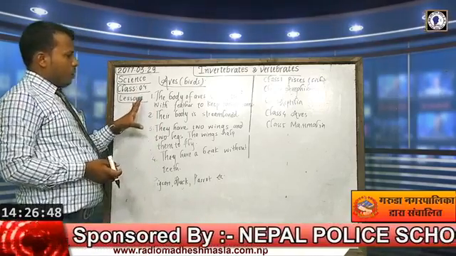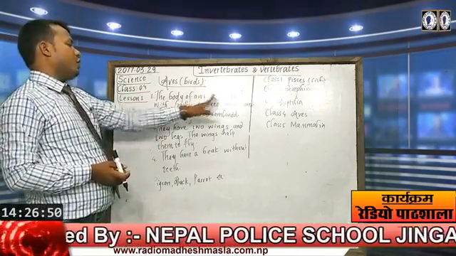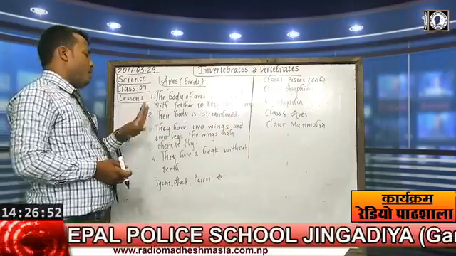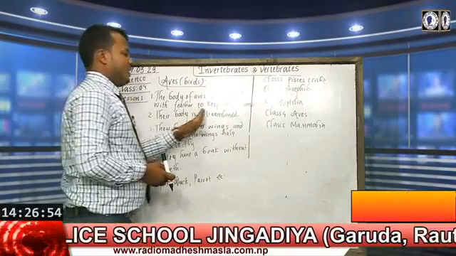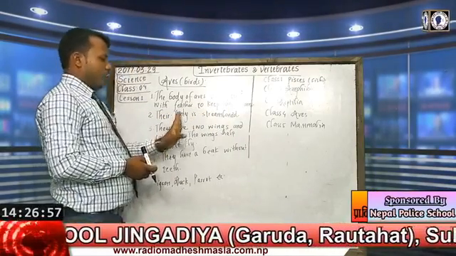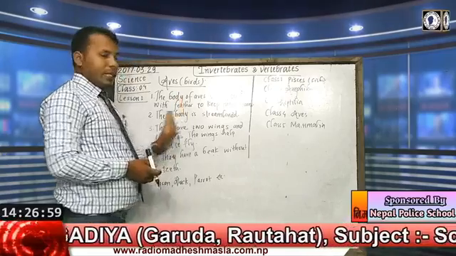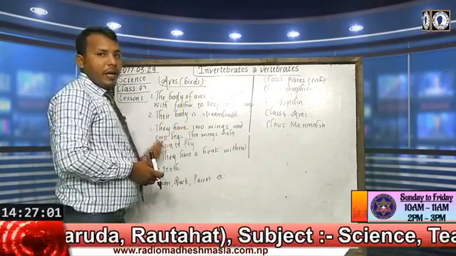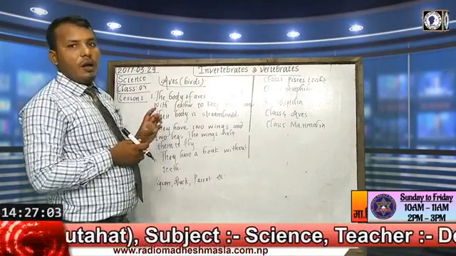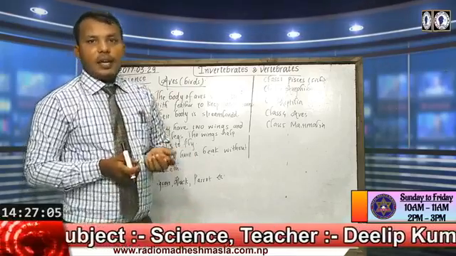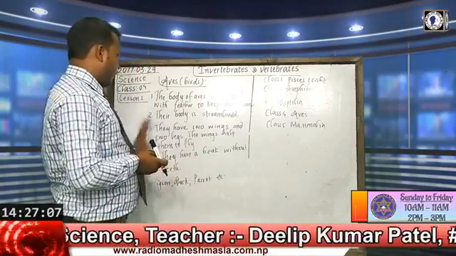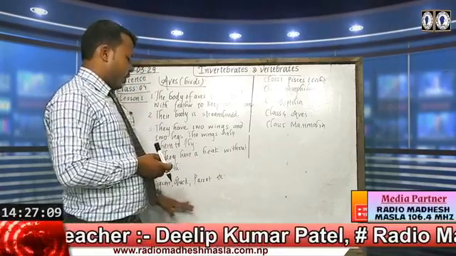So number 1, the body of aves is covered with a feather to keep them warm. Number 2, the body is streamlined. Number 3, they have 2 wings and 2 legs. The wings help them to fly. And number 4 is they have a beak without teeth. And the last one is the examples of the aves are pigeon, dog, and parrot.